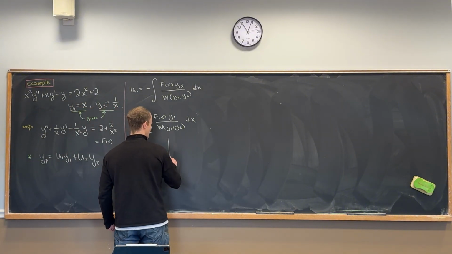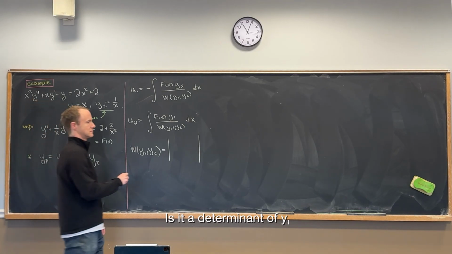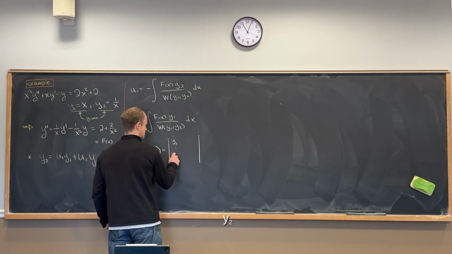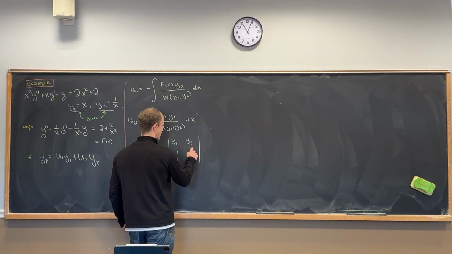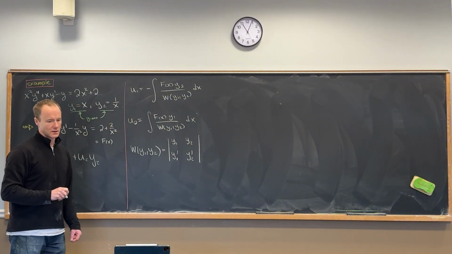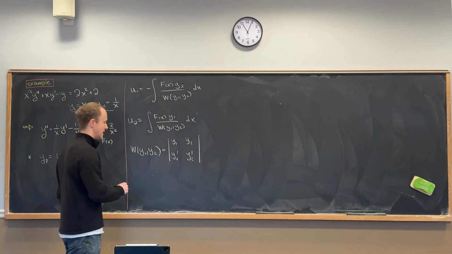Okay, so what's the Wronskian? It's a determinant of y1, y2, y1 prime, y2 prime, depending on how you read it, row-wise or column-wise, right?